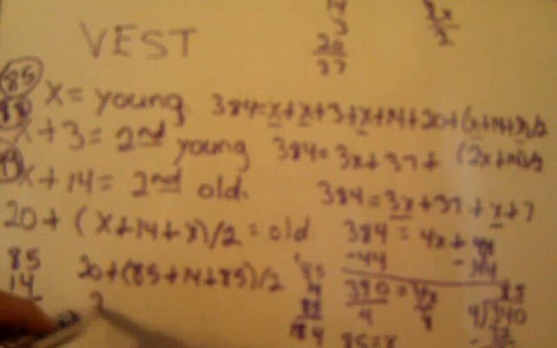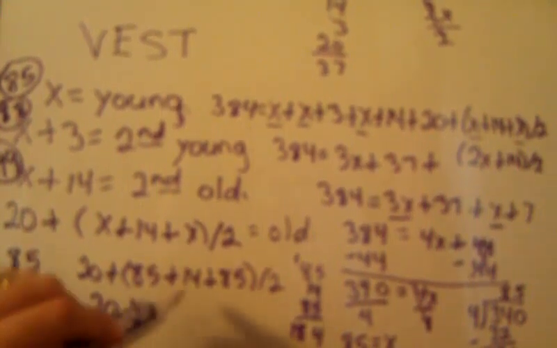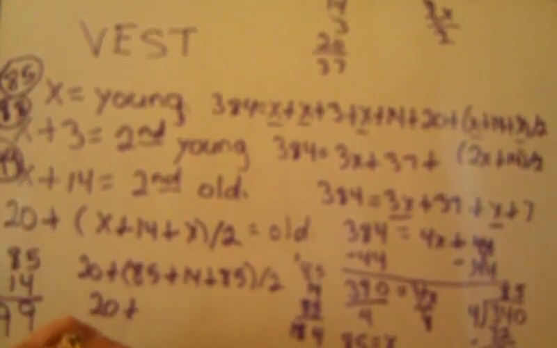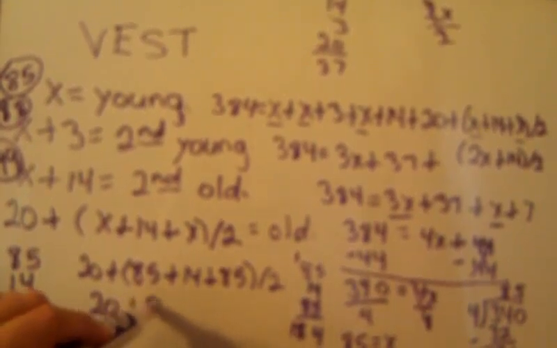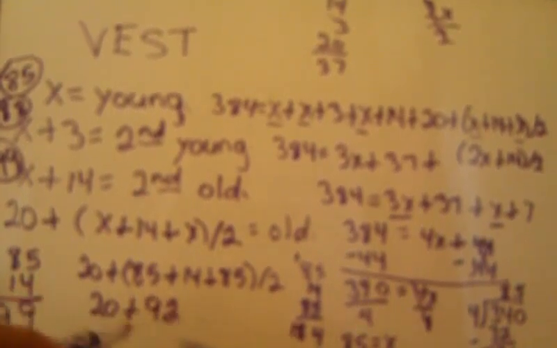So I have 20 plus 184 divided by 2. Now 18 divided by 2 is 9. 4 divided by 2 is 2. So 20 plus 92 is 112. So the oldest is 112.